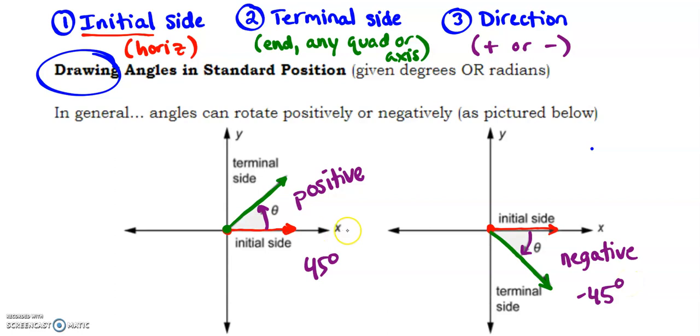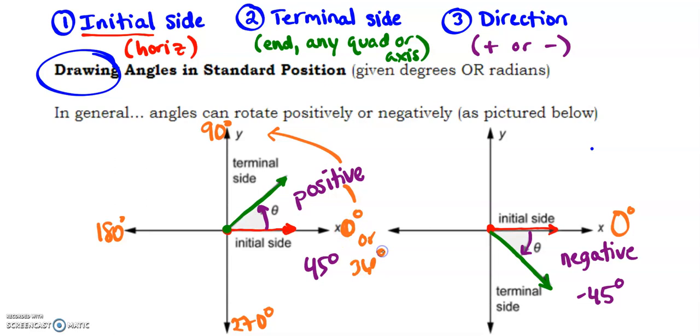So this place on the x-axis is generally considered the spot where 0 degrees would happen. If we're rotating positively, this spot at the top would be 90 degrees, because that's one quadrant, then 180 degrees, 270 degrees, and then 0 could also be 360.